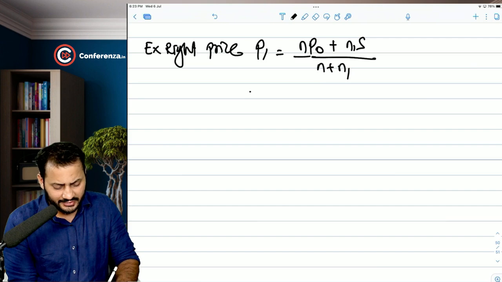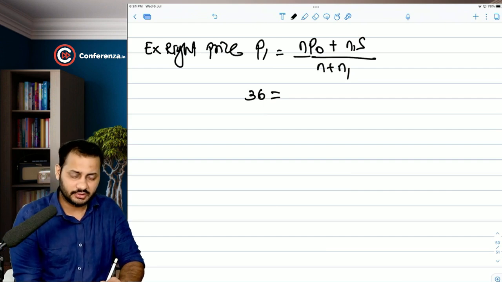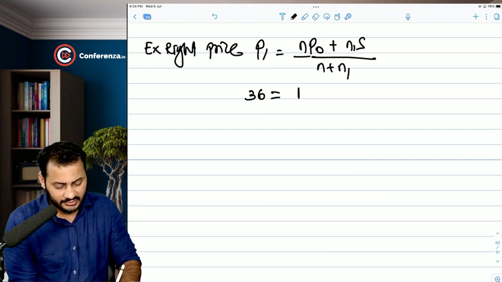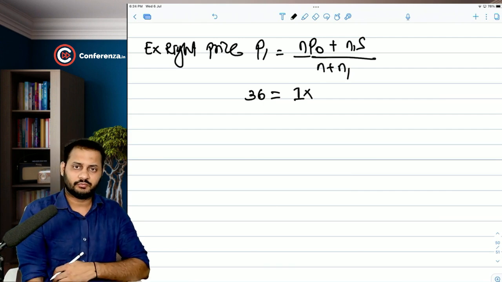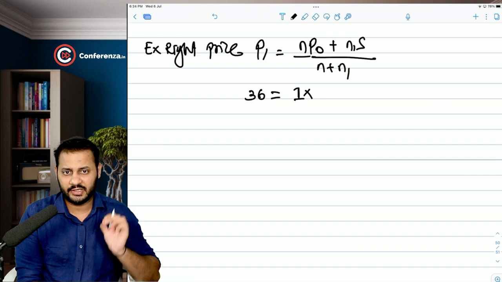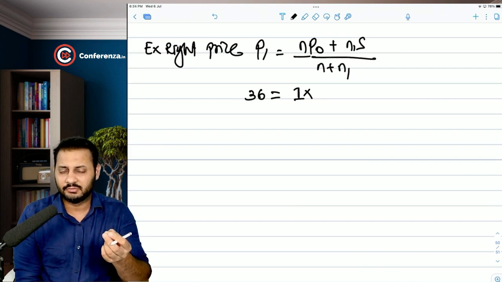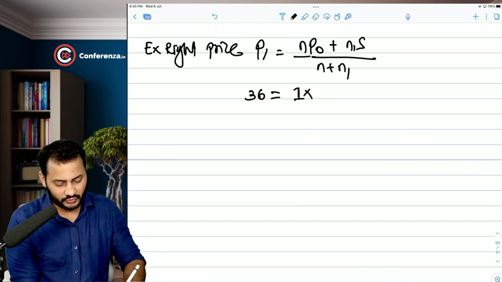P1, how much is it? The X-right price should not be more than 4 rupees lower, so 40 minus 4 is 36 for P1. N, let's take it as 1 for every 1 share. We can calculate the ratio later, even if N1 comes in decimals. P0 is 40.